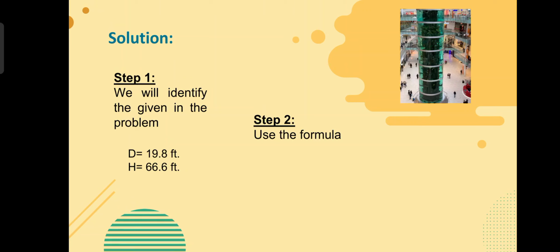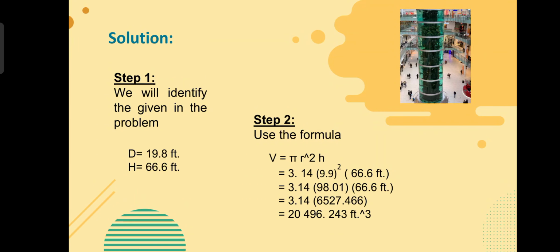Now for step 2, we will use the formula. Since the shape is a cylinder, we will use the formula for the volume of a cylinder. Its formula is V equals pi times r squared, which is radius squared, times the height. Now, we will substitute the given.